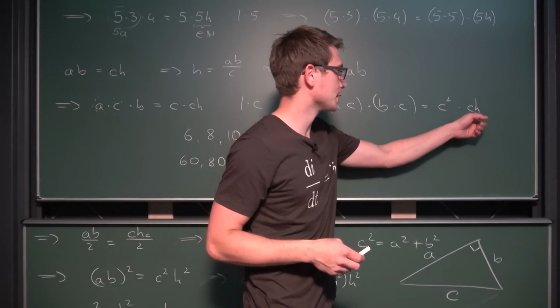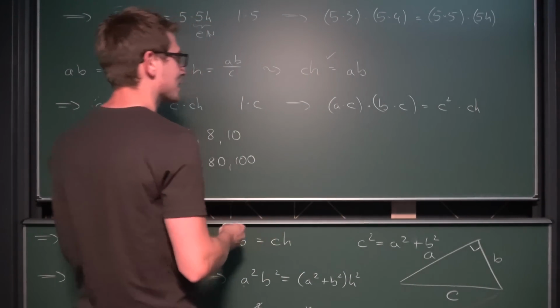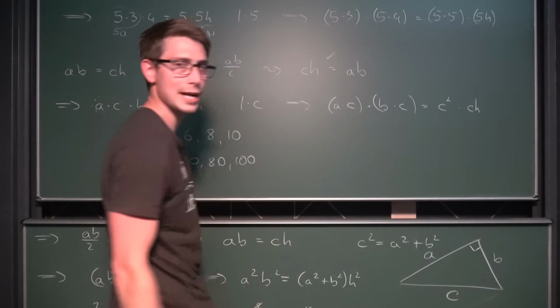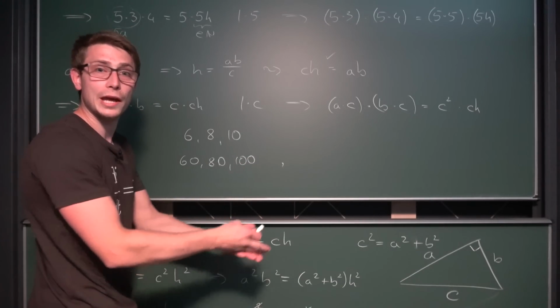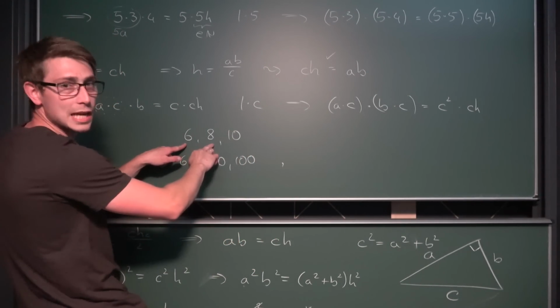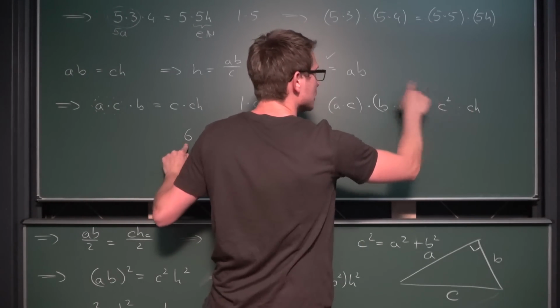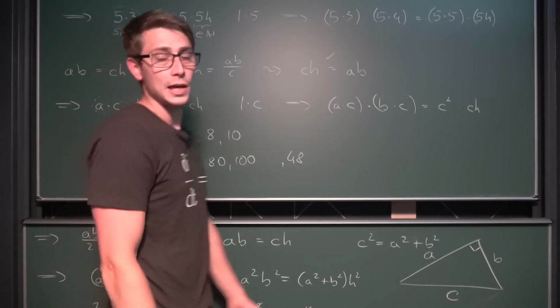Well, the height is gonna be c times h. But we don't know anything about h, apart from the nice little fact that c times h is equal to a times b. Meaning, our height that we are gonna have in this right triangle is gonna be 6 times 8. We are gonna use the original a times b. 6 times 8 is 48, which is indeed an integer. And then we are done.